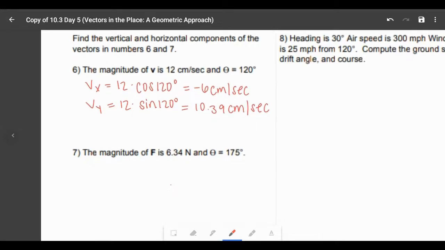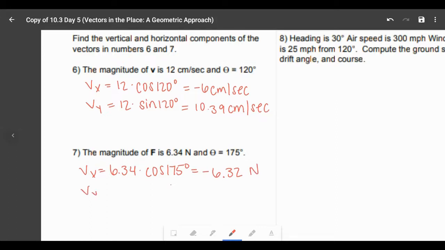For problem 7, very similarly, Vx is just going to be, if my magnitude is 6.34, we will multiply it by the cosine of 175 degrees, and that should be approximately negative 6.32, and that will be newtons.